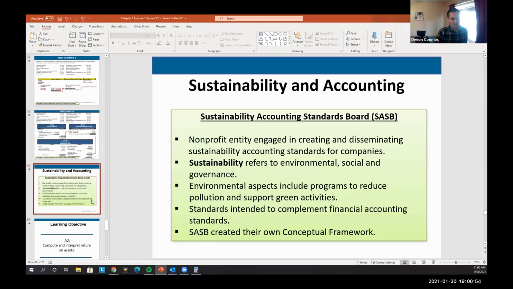So this is sustainability. This is what I talked about, how we can't really measure environmental or social governance in dollars. And so there are some nonprofit organizations trying to figure out ways to do this measurement. This is the Sustainability Accounting Standards Board talking about how we value green initiatives.